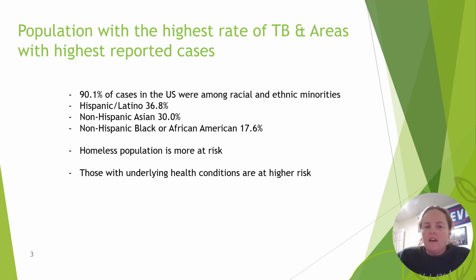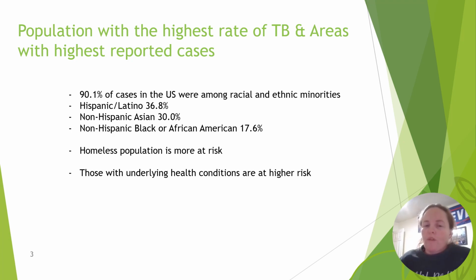In the countries or in the populations that have the highest rate of tuberculosis or reported cases, in the U.S., 90.1% of the cases were in our racial or ethnic minority groups, and the Hispanic Latinos had the highest rates at 36.8.